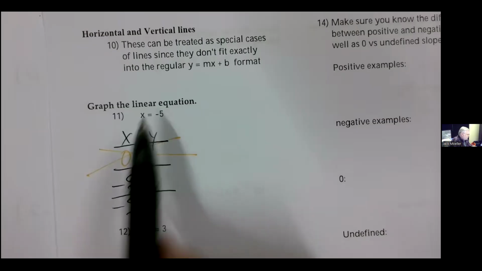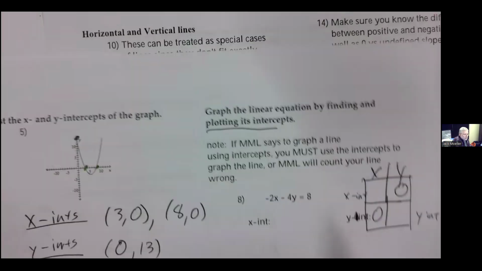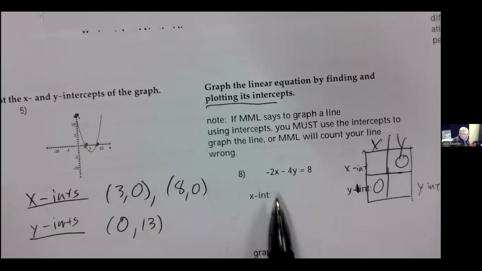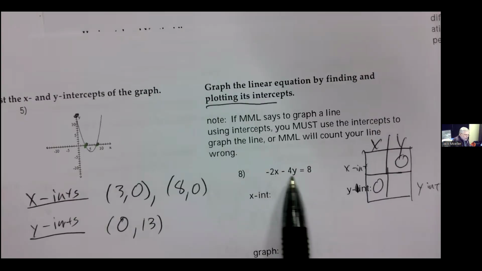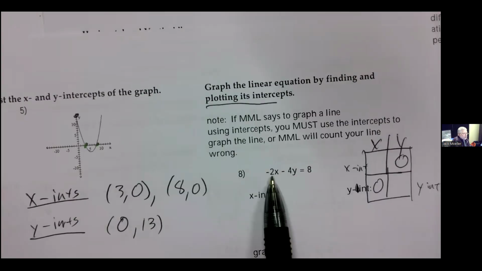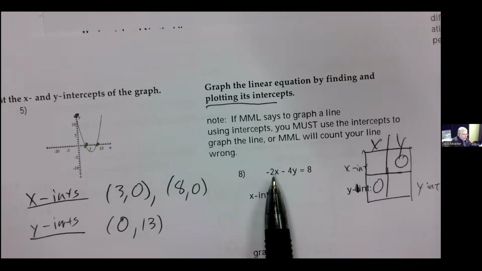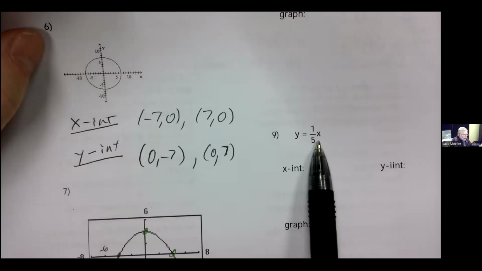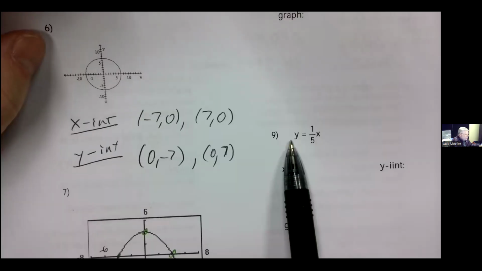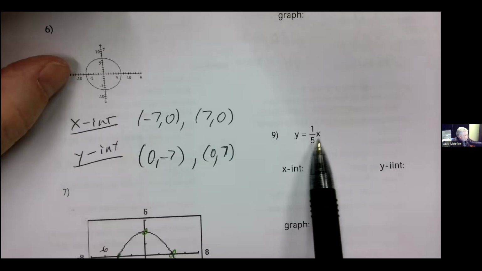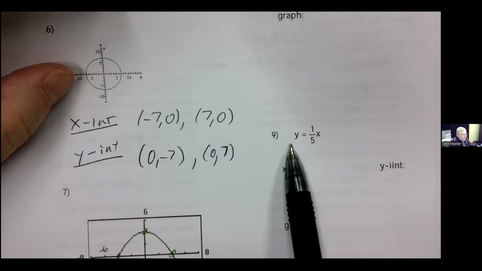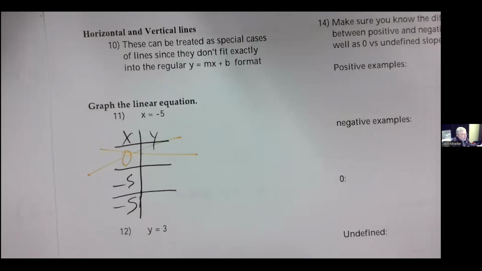In the other one that we did, once we picked an x, y was dependent on whatever we picked for x, or vice versa: if I picked a y, then x could only be that one thing. But if there's no y in the equation, that tells you y can be anything.